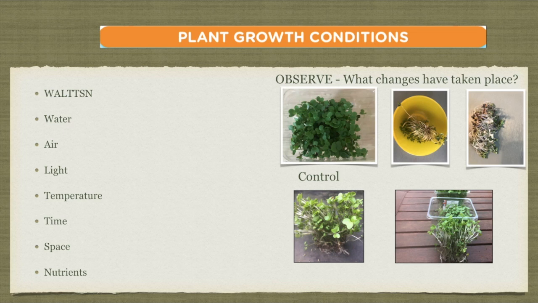So it has water, it has air, it has light, it has the right temperature, it has time to grow, it's got the right amount of space, and it has the nutrients it needs in order to grow into a healthy plant. So that control is what we're going to compare with the next examples.